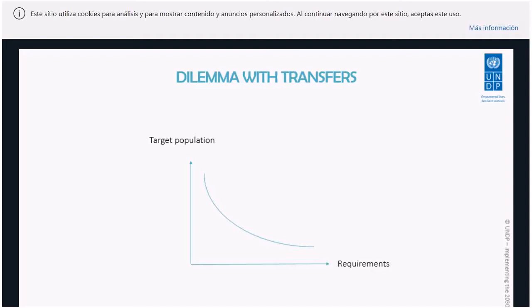So at the end, we can simulate the changes in any instrument, and then we can estimate the impacts of the reform, right? Okay.